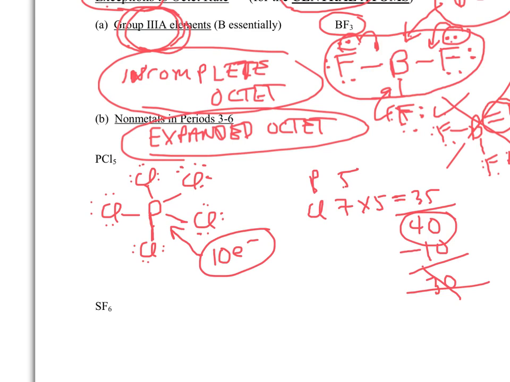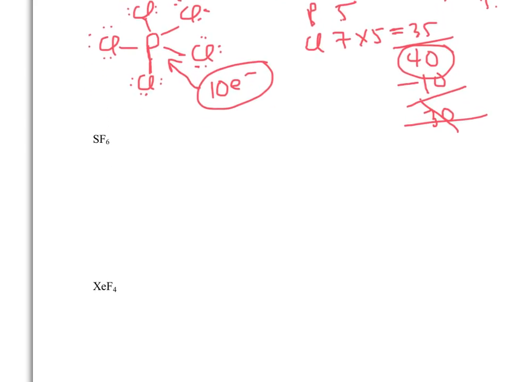In Chapter 7, we'll talk more about what's called valence bond theory and VSEPR theory, which helps to explain what is going on with those d orbitals, that it's actually allowing it to have more room to make bonds than just the 2 electrons in the s and the 6 electrons in the p orbitals. Okay? For right now, we're just drawing the structures. Okay, let's try another one. How about sulfur hexafluoride?